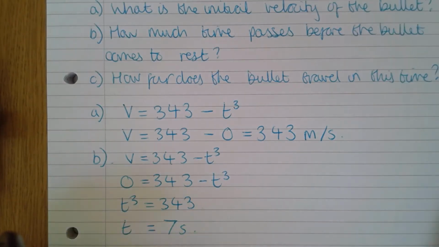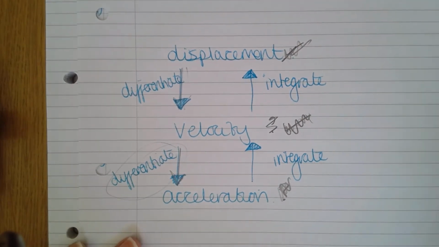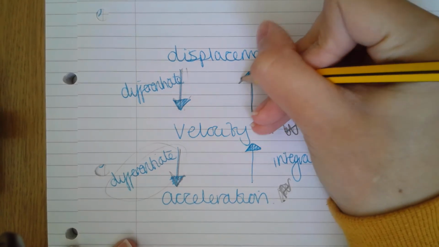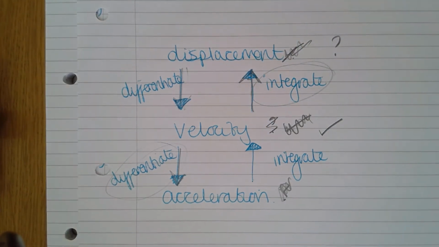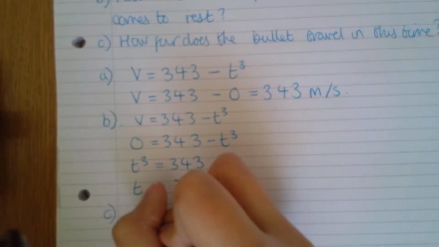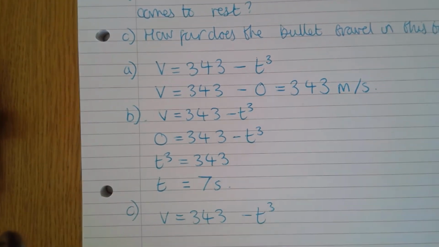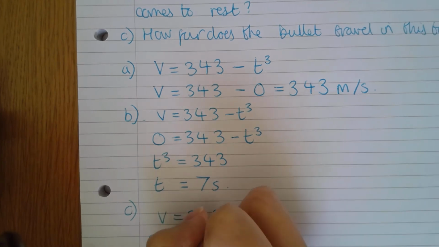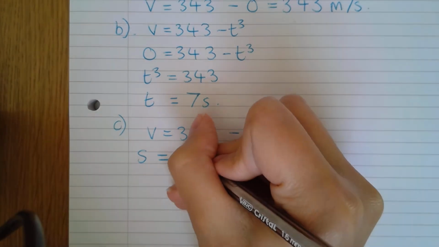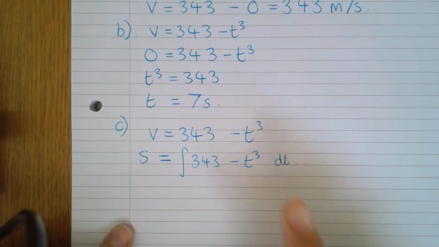We now have our velocity, but we want the displacement, so we're going to have to integrate this time. v equals 343 take away t cubed, so s is the integral of this, 343 take away t cubed dt, because it's with respect to t.